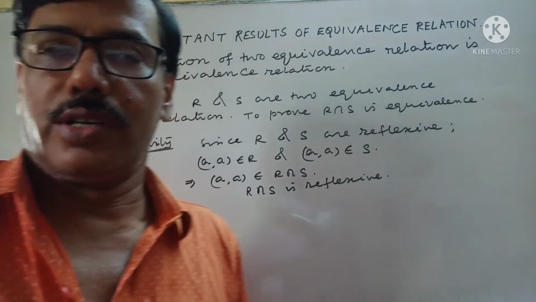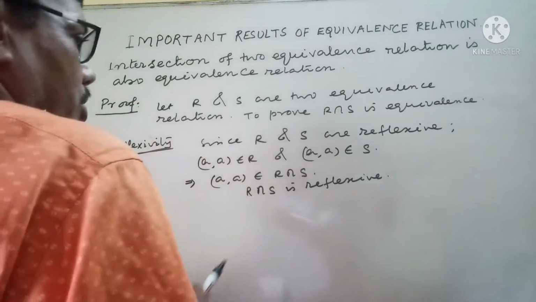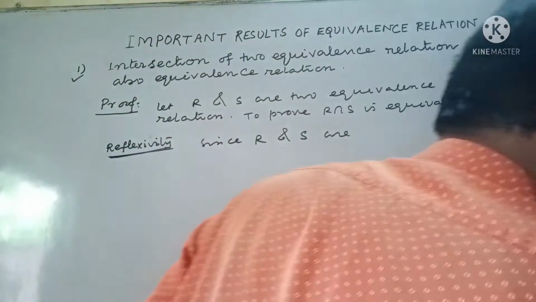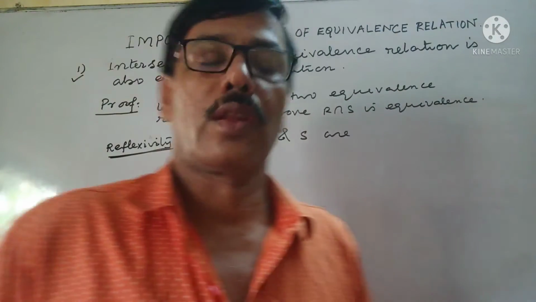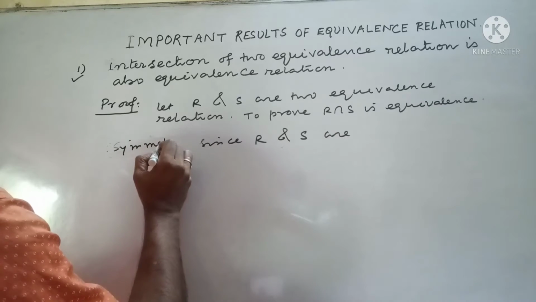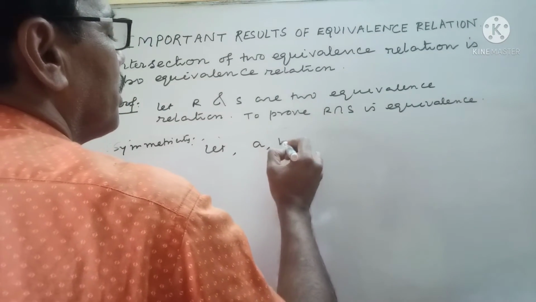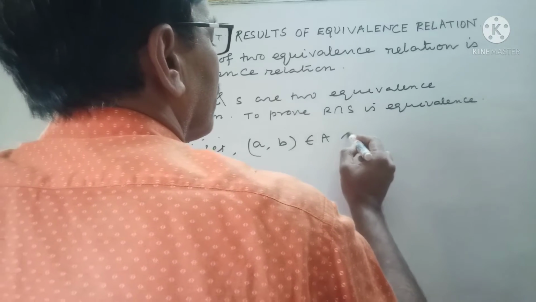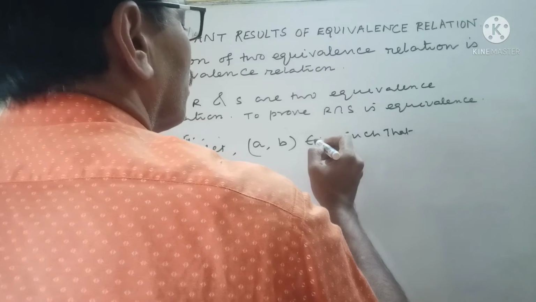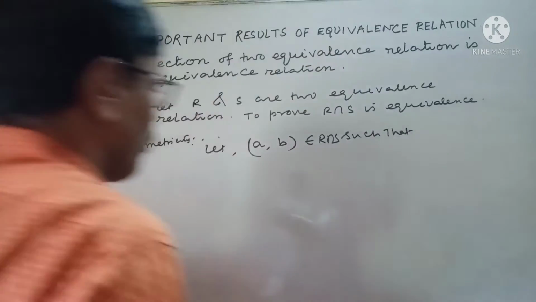Then we have to prove it is symmetric and it is also transitive. So, symmetricity.